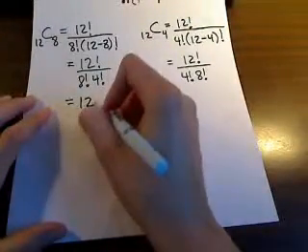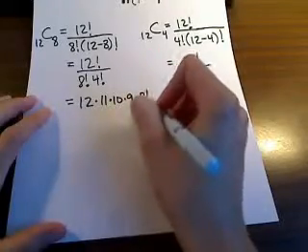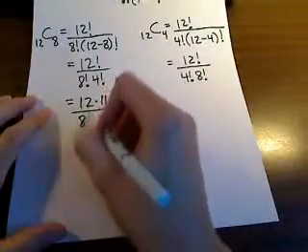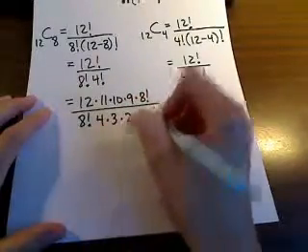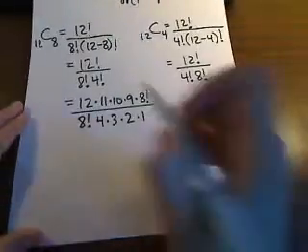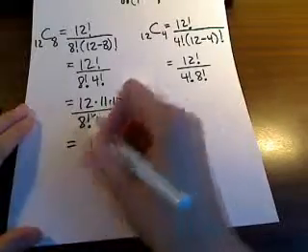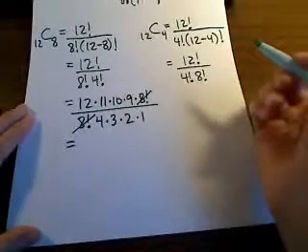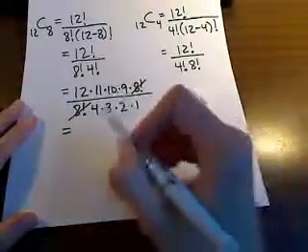So I'm going to write the 12 out, 11, 10, 9, down to the position where I get an 8 factorial, so that can cancel with the 8 factorial on the bottom. And then I'm writing the 4 factorial out all the way down. So now the 8 factorials cancel, and you can do some more canceling here, or you can just multiply and divide.